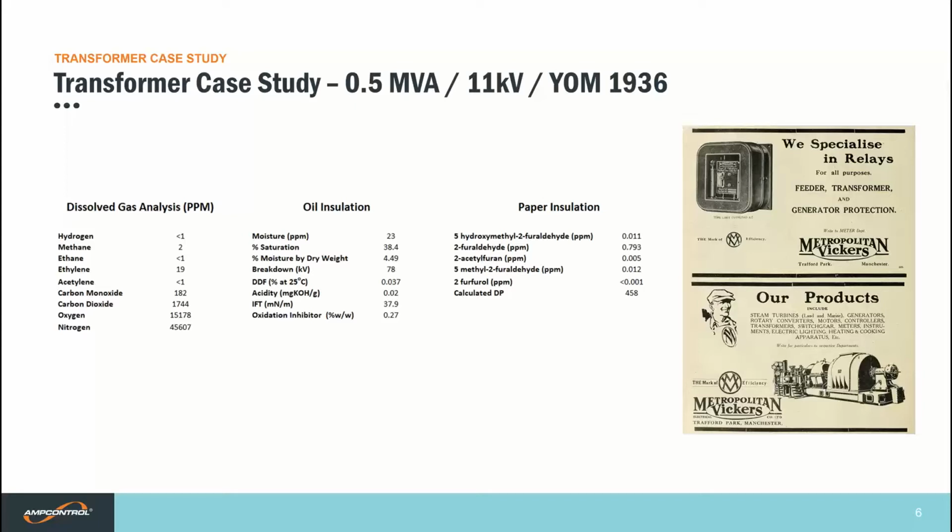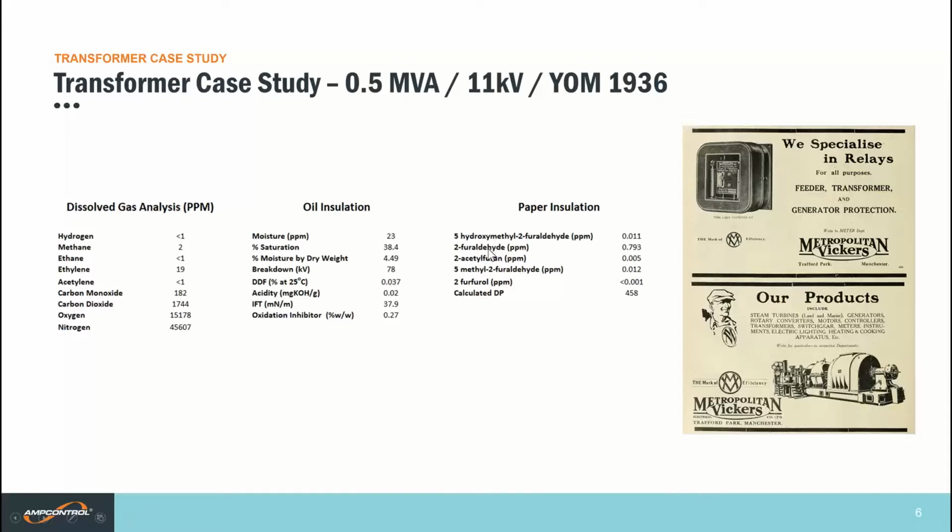I thought it appropriate to do so because we had no recent historical furan test data, and because the asset is so old. So we measure the concentration of 5 furanic compounds in the oil via a technique called high-performance liquid chromatography. The source of these furanic compounds is the degradation of the paper insulation.